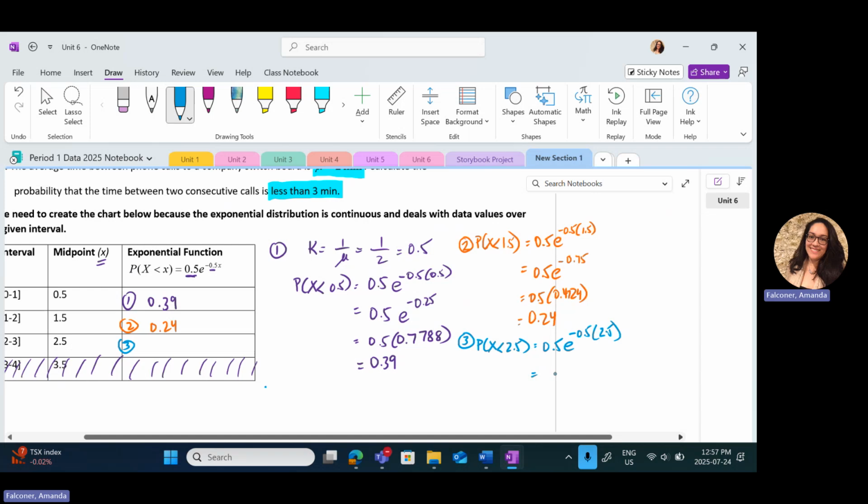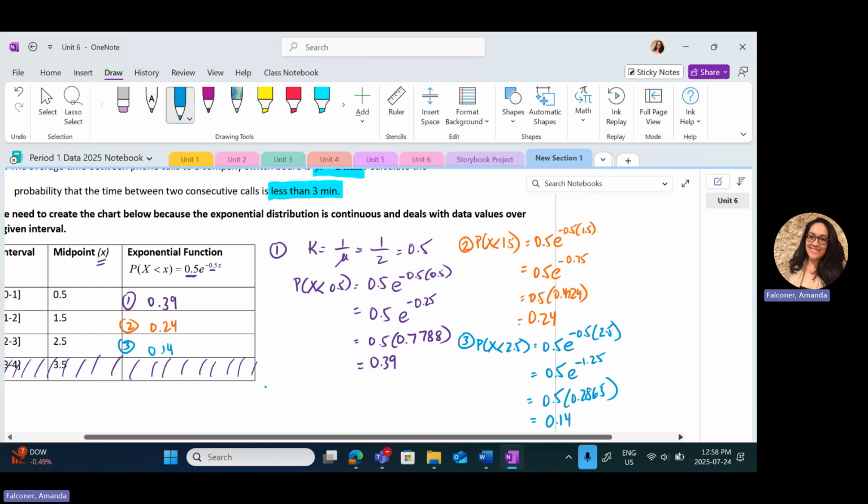Okay, so when I multiply the negative 0.5 times 2.5, I get negative 1.25. And then I'm going to evaluate Euler's number. That's going to become 0.2865. And then when I multiply it by that k value of 0.5, I get 0.14. So 0.14 goes over here into my chart.